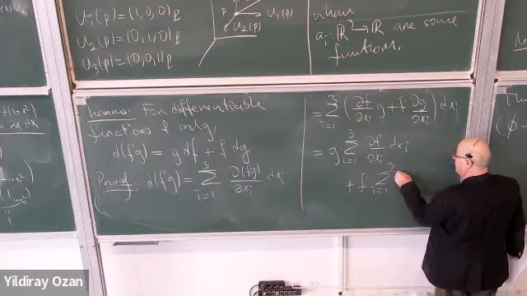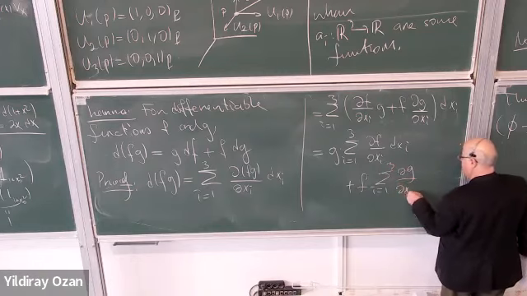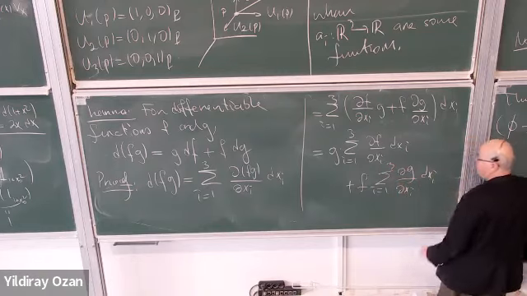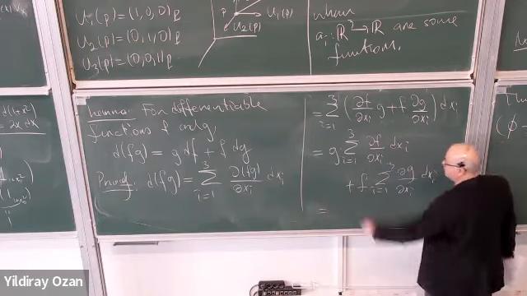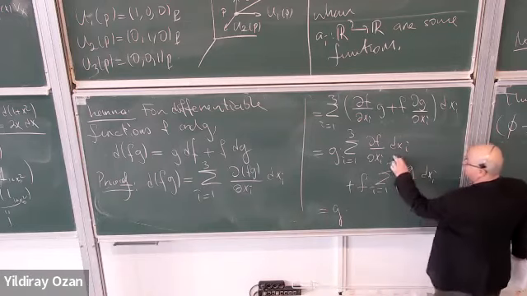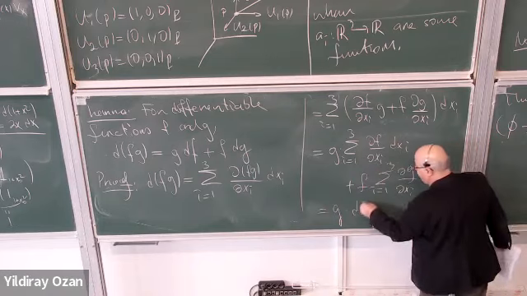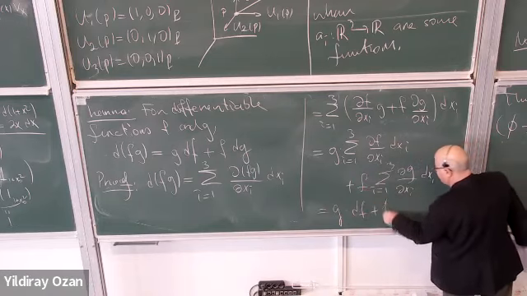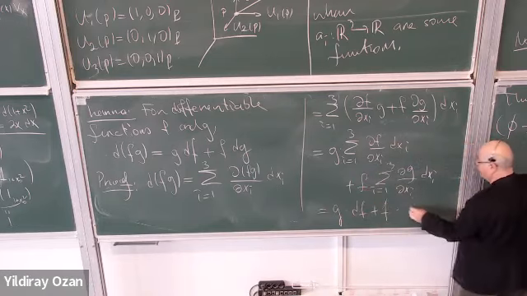So we have this. And what is this? This is just g times the differential of f plus f times the differential of g.